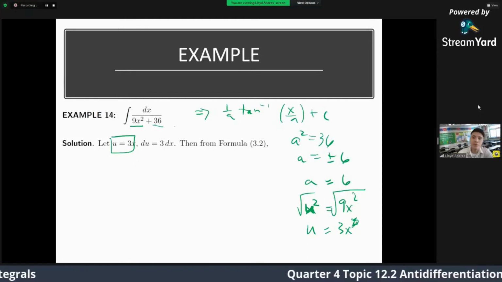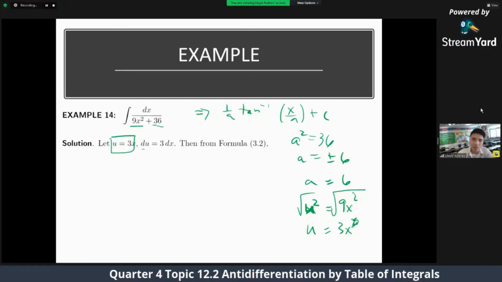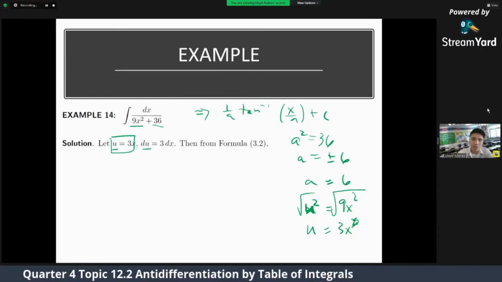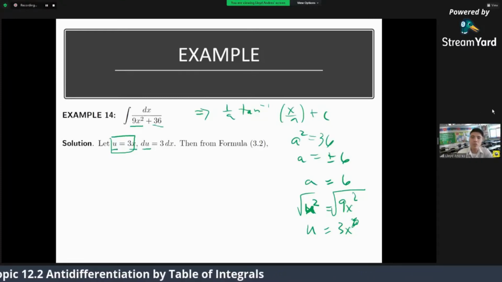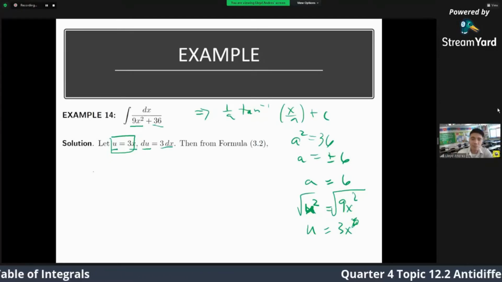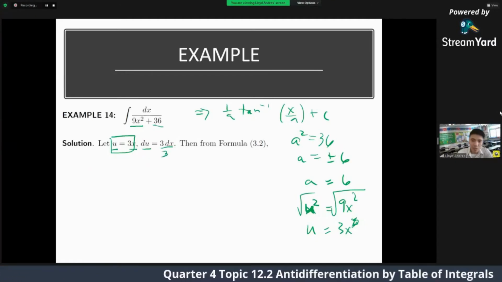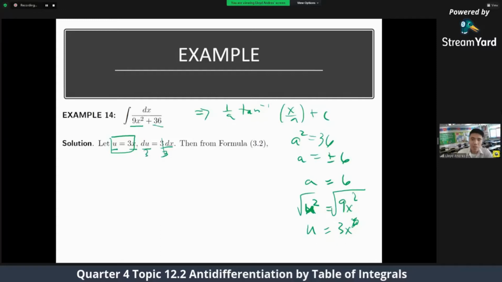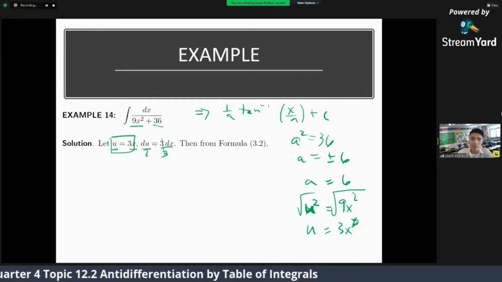Okay, and then after, by substitution, nag-du na po siya, derivative ni u, tapos derivative ni 3x is 3dx. And, dividing both sides by 3, para isolate si dx. So, dx nato is actually kana.